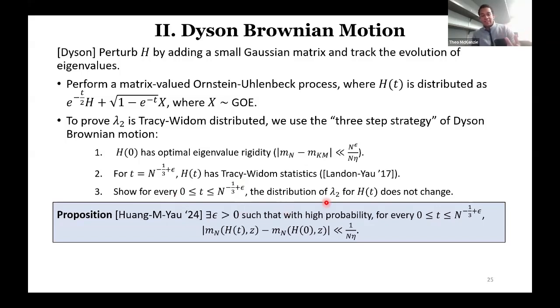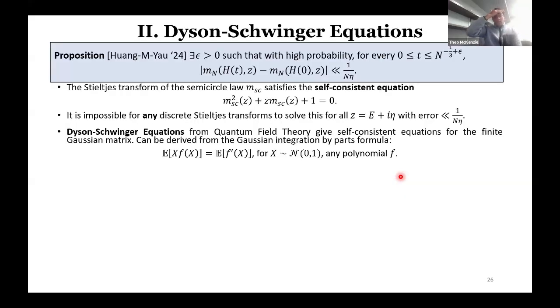And this is where we needed the tightest approximation, this step 3. And this is given in this proposition, which basically says that if I compare the Stieltjes transforms at time 0 and time t for some properly chosen t, then these two will be very, very close. Okay, so how do we actually do this? Well, we're going to use this self-consistent equation associated with the semicircular law.